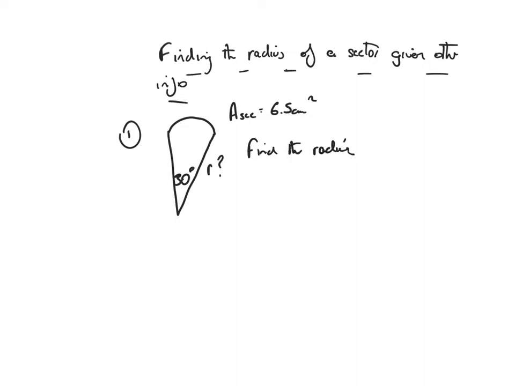Okay, so we can go back to that handy ratio, which is A over pi r squared is equal to theta over 360. Now what we can do at that point is just perform a wee trick.